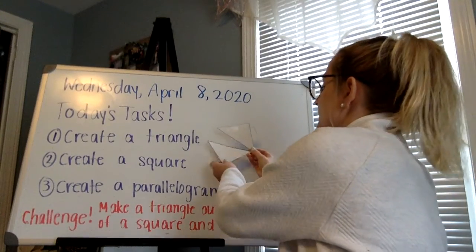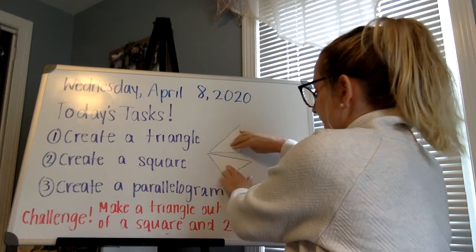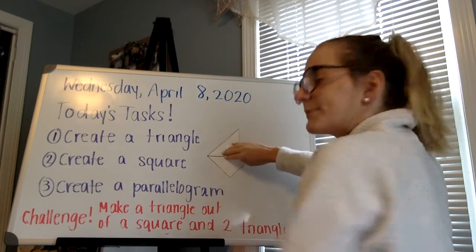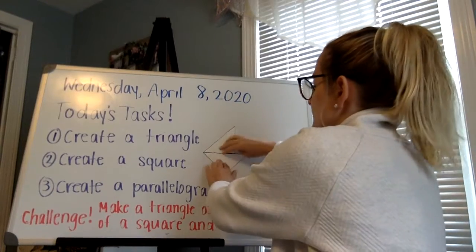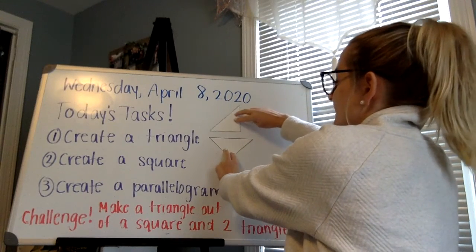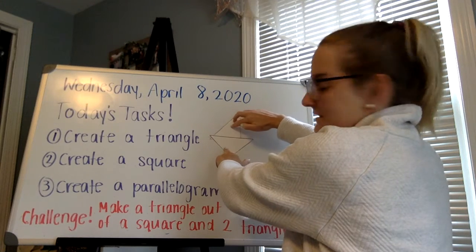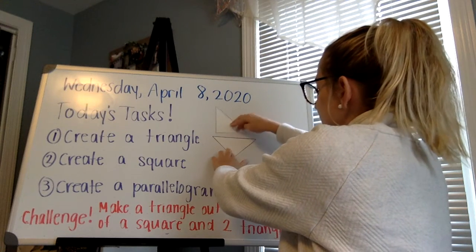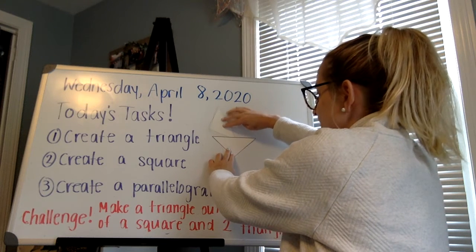So to make a triangle, it's kind of like you take a guess and you see if it works and then you try to rearrange it. So I'm going to just try randomly. Okay, well, that's not going to work because it has way more than 3 sides. This way still has way more than 3 sides.